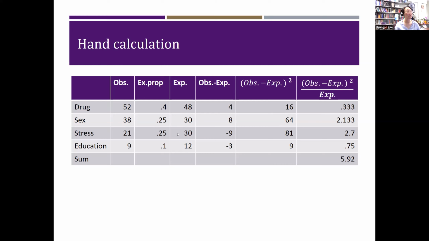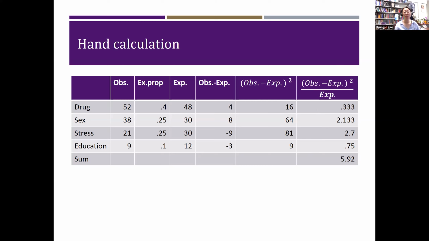And eventually, you calculate all observed minus expected, and then you can calculate the Oi minus Ei squared over Ei, and the last column is the sum of it, which is 5.92, which will be the chi-square test statistic value.